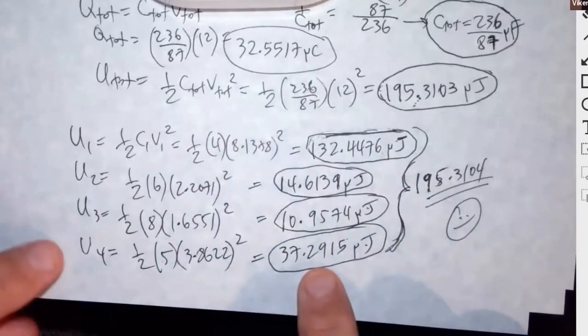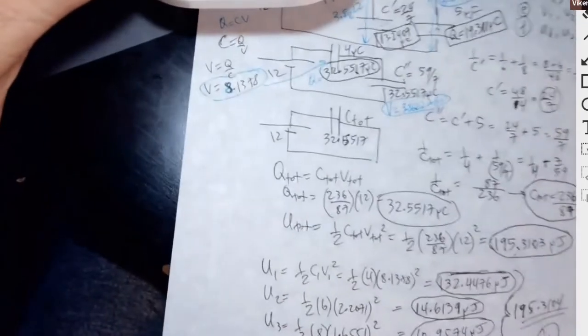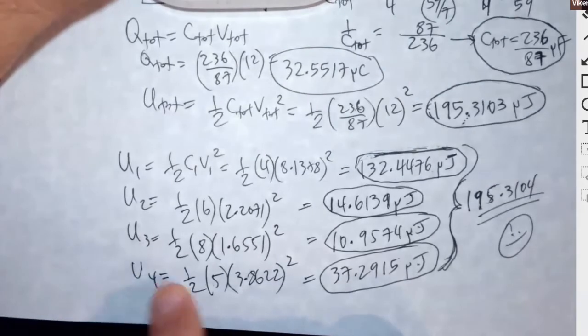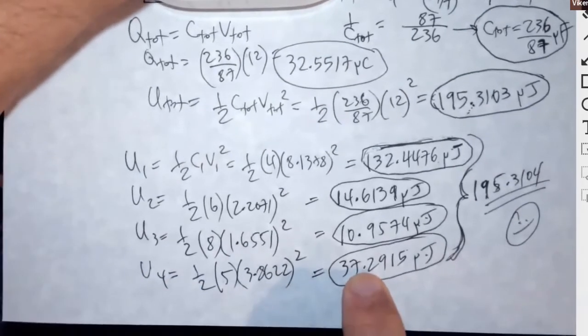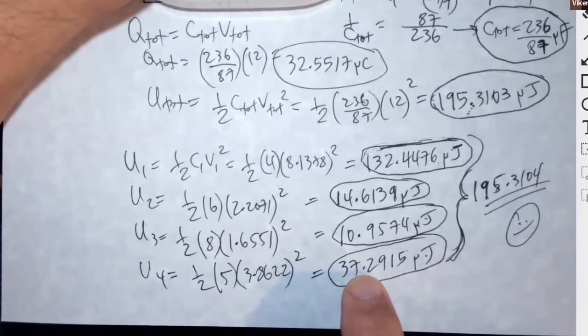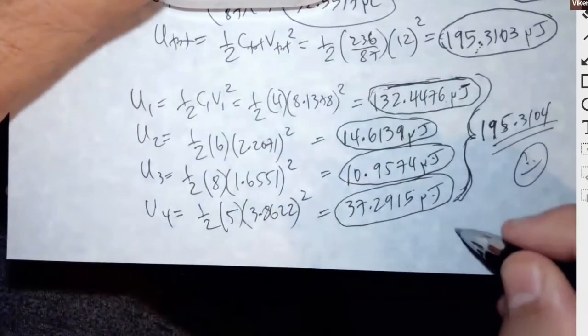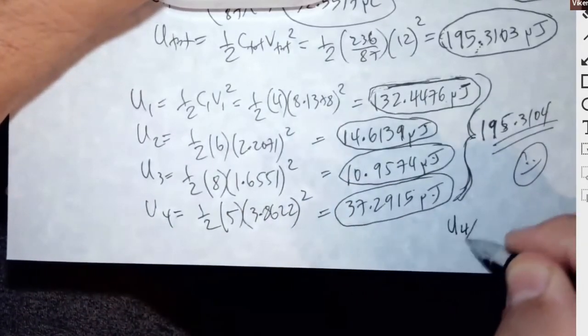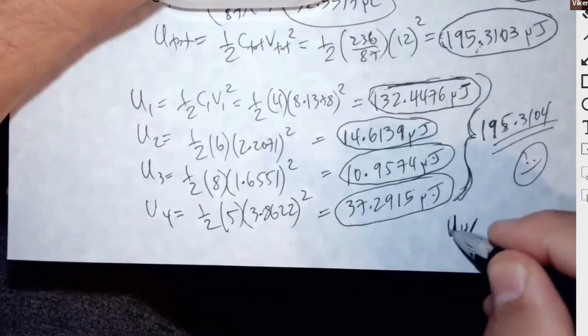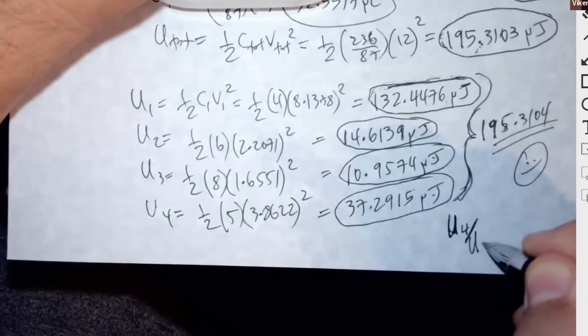Imagine in this circuit, the energy stored in the fourth capacitor, how many times greater is it than the energy stored in the third capacitor? So the energy of the fourth divided by the energy of the third.